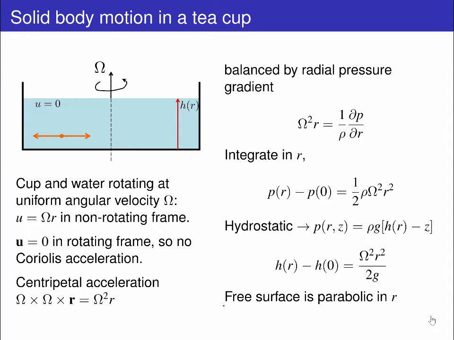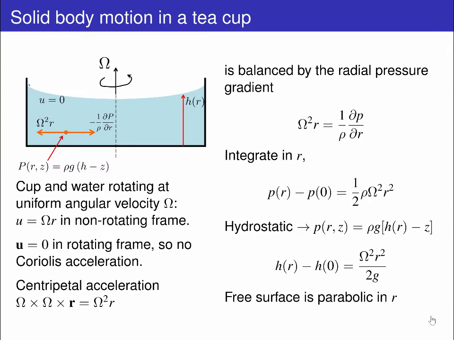That is, the free surface is parabolic in r. So, for solid body rotation, the radially outward centripetal acceleration must be balanced by a radially inward pressure gradient, which is achieved by the free surface adopting a parabolic shape.